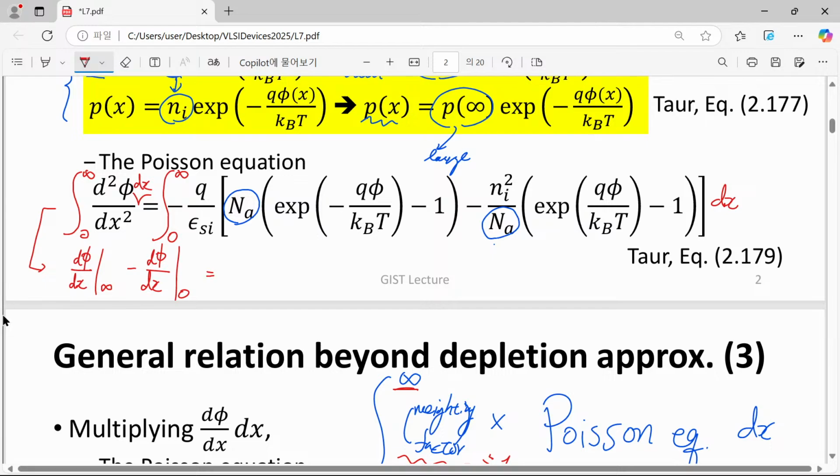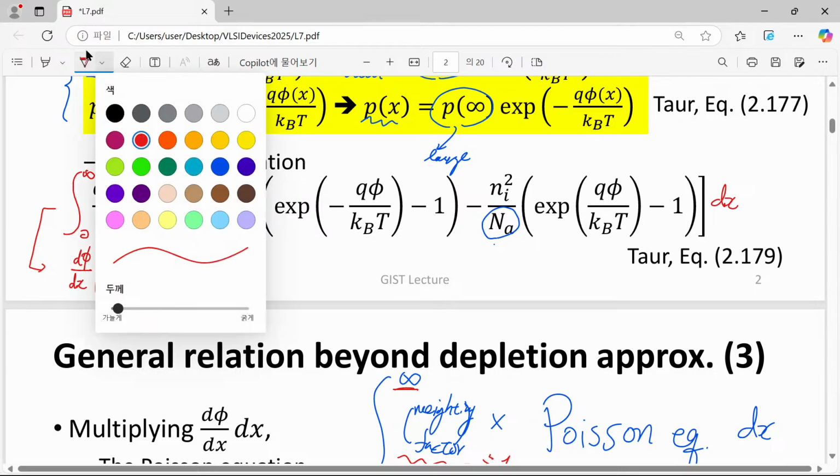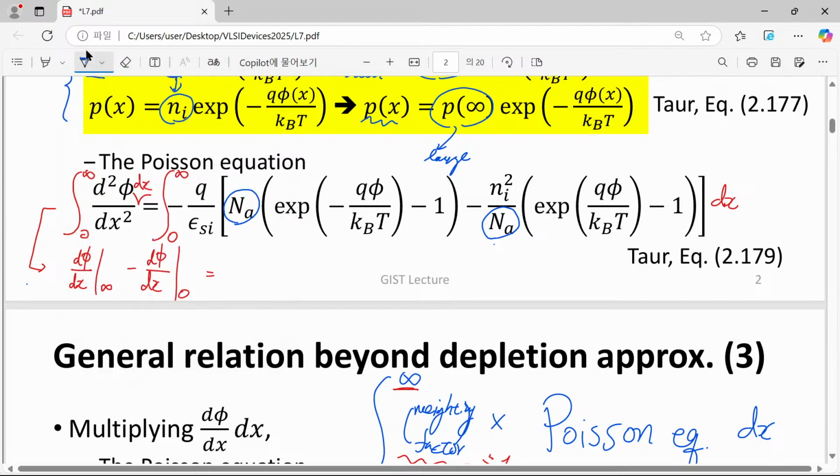Here we have two terms, d phi over dx evaluated at x equal to infinity and 0. Of course, this quantity is not that easy to evaluate. Actually this is our goal, to find out the electric field at the surface.